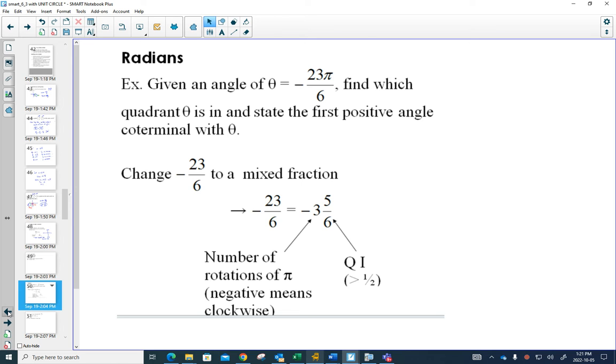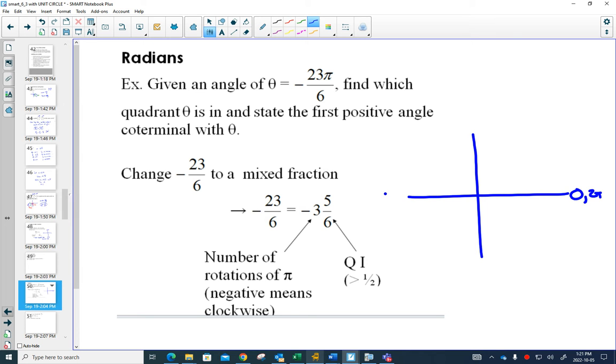And you know that this is 0. All the way around is 2 pi. Halfway around would be pi. Can you see that if I went all the way around once and then another one, this would be 3 pi? And then this would also be coterminal with 4 pi. And then this would be coterminal with 5 pi.